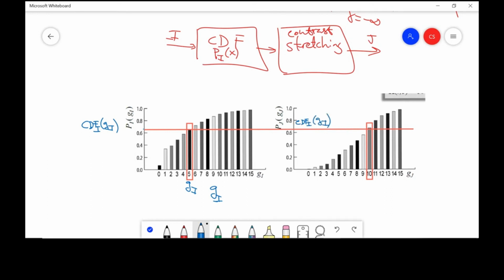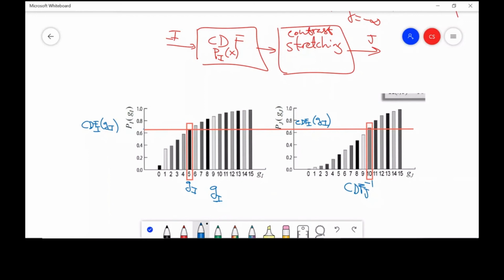And now, what is this value here? This value there is the inverse of this transformation. So this is the cumulative distribution function, but now of the image J. So this point here is the CDF of J minus 1.